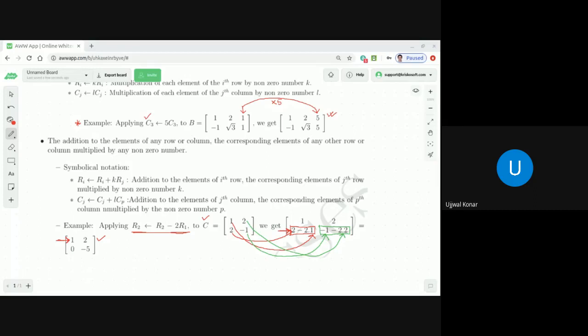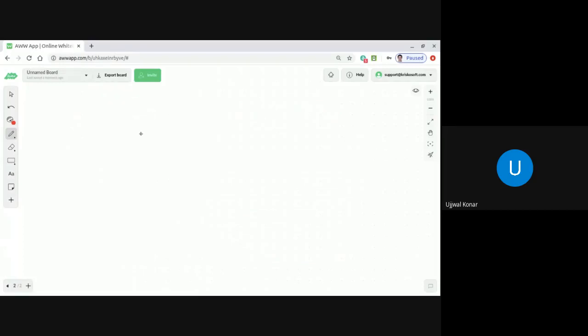Let me first explain with a fundamental example. Suppose a matrix is given to us, A is something like this: 2, 1, 5, 7, for example.